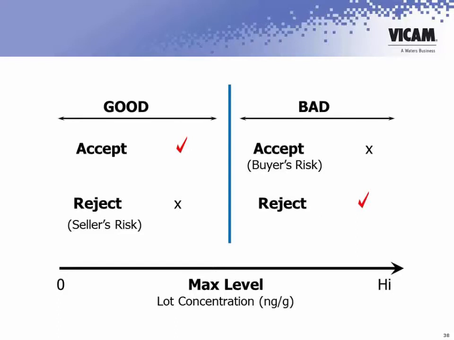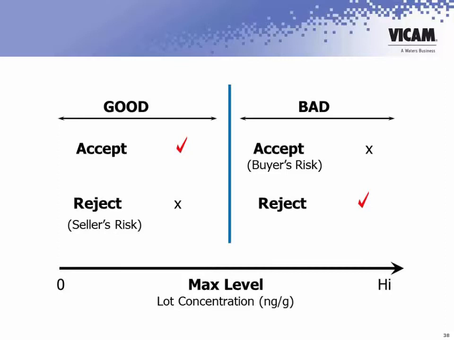There is a risk with these analyses, in the case that you get one of those samples that yields a value higher than the actual mean value of the lot, then that lot would be rejected. That would be the seller's risk, the risk of a false positive test.